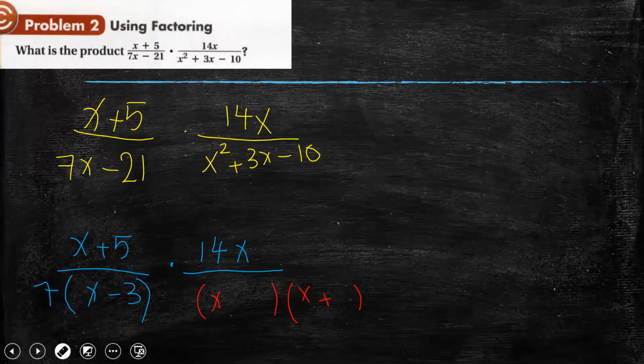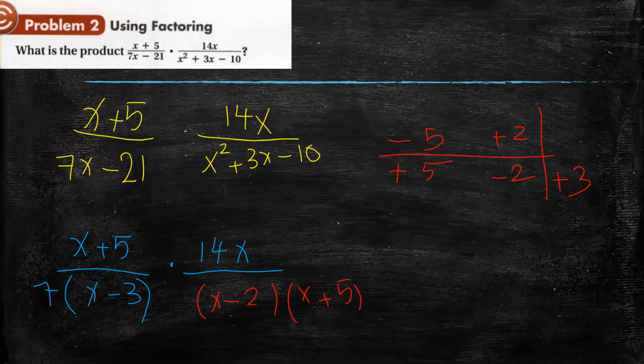Now give me a pair of factors that, if you multiply them, you get 10, and if you add them, you get positive 3. We can say 5 and 2. Which one, if you add them, gives positive 3? Negative 2 and positive 5.